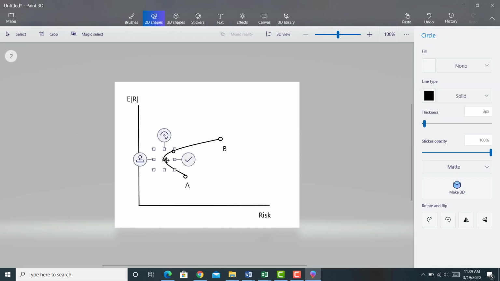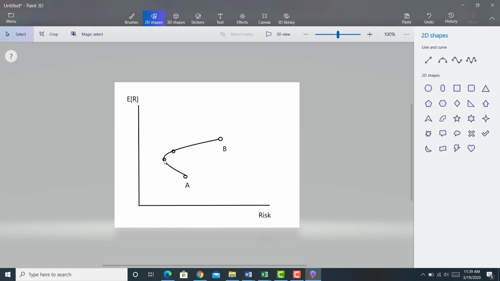Okay, we can call this portfolio R. All right, and notice that portfolio R on the efficient frontier doesn't get you into the most northwest quadrant, but does get you the lowest level of risk. So we would call portfolio R the portfolio that gets you the lowest standard deviation. Okay, the minimum standard deviation portfolio is portfolio R. The optimal portfolio is portfolio P.